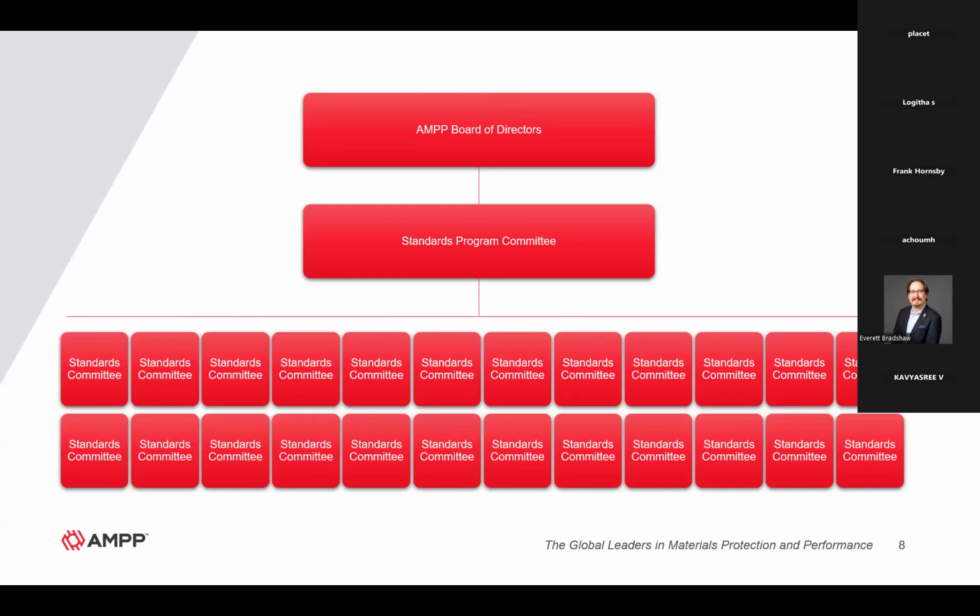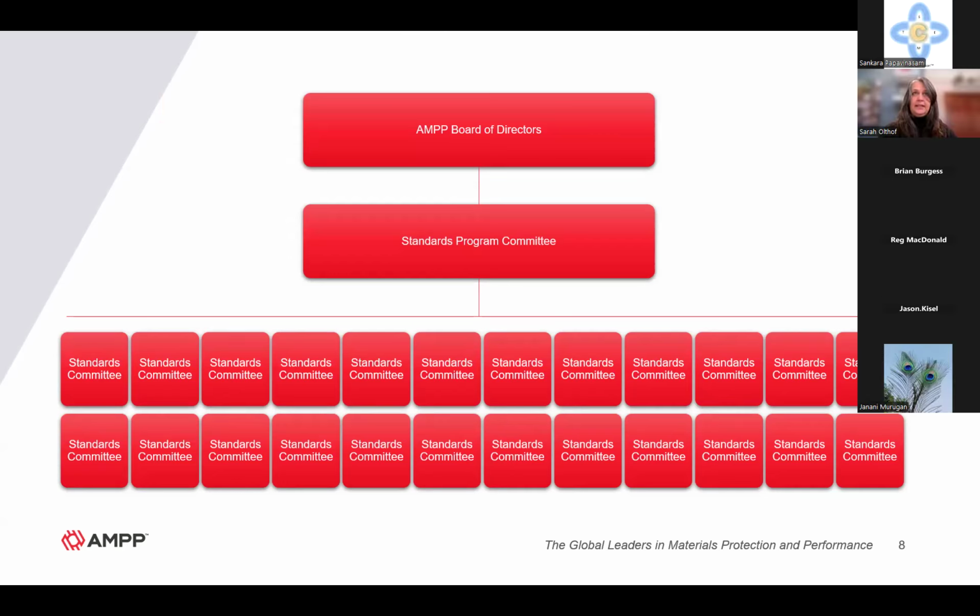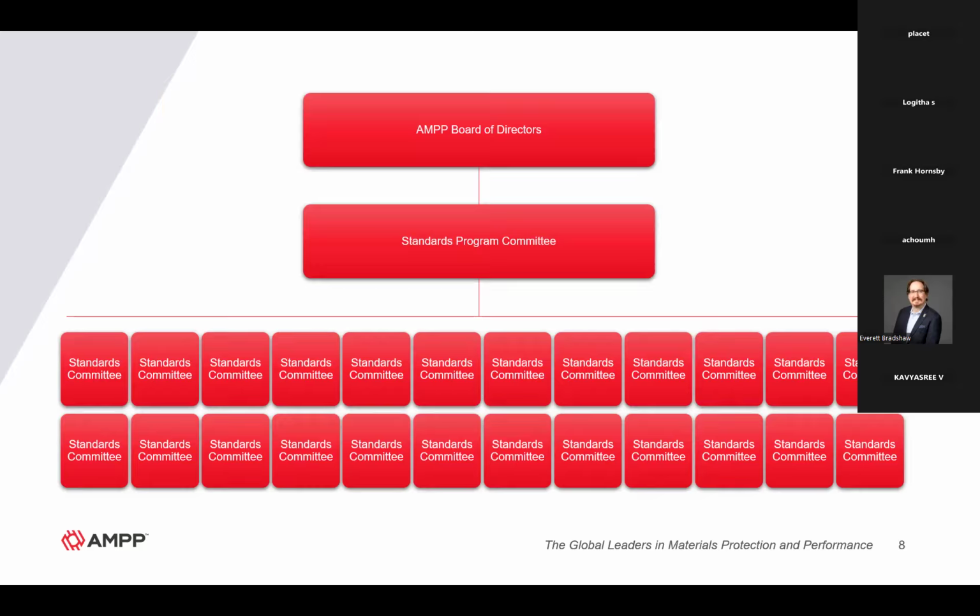The way our program is organized, the AMP Board of Directors governs everything that happens in the association. This is a member-based board of directors. Then we have our standards program committee, volunteer members of the AMP Association who govern the operations of our standards program. Then the standards program is broken into 27 standards committees.